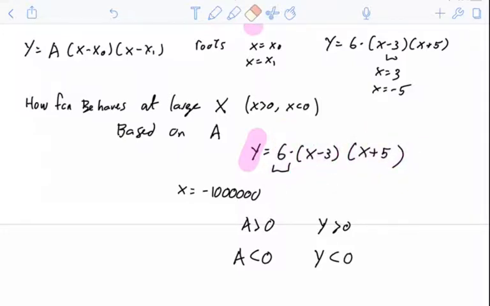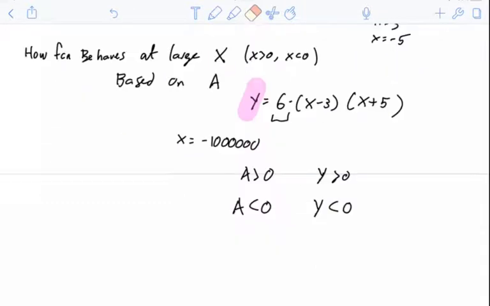So let's talk about interpreting in exactly the same way, but in standard form, because that's the real trick. What does standard form tell us?